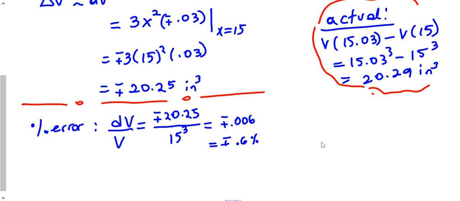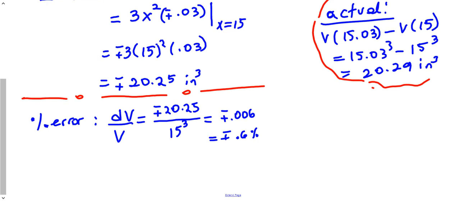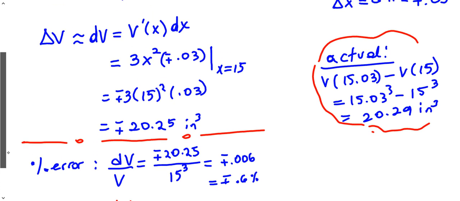So not too bad, less than 1% change in the error, but notice of course that x was changing very, very slightly, only 0.03. But I just want to show you one last thing as we end this segment, and that is when you are doing dV over V, you don't have to go to the original values. You can actually use the formula.